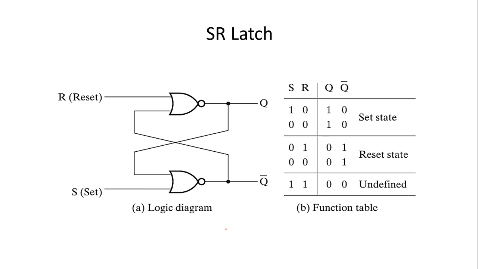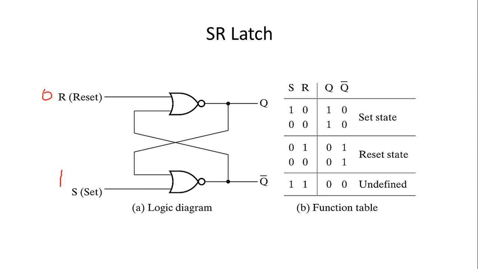Okay, so let's now analyze its diagram or circuit. First, let's say we want to set this latch. For set, we need to give the input set 1 and reset 0.